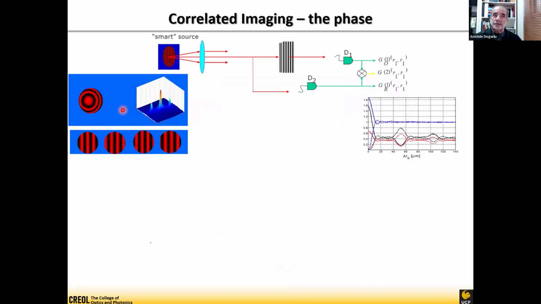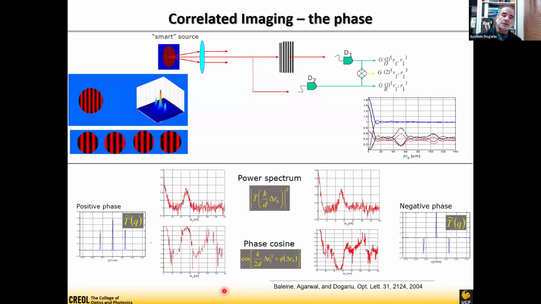But the fact that you can manipulate the spatial coherence of the source allows you to manipulate even the phase of the coherence function of the field that illuminates the object. So if you manipulate the phase of the interacting field with your target, you can recover something that in the quantum counterpart you cannot. You can actually get the phase of the object that you interact with, right?